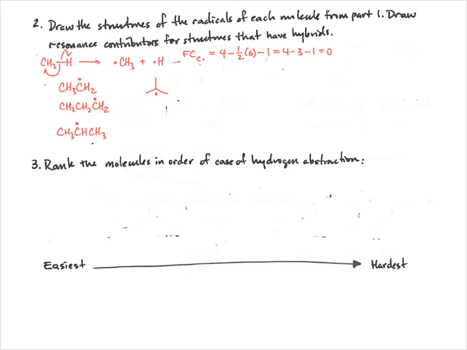So that's the radical that results from abstraction of the methine CH in 2-methylpropane. So let's classify these. So we have, up here we had methyl. We have primary, secondary, tertiary.